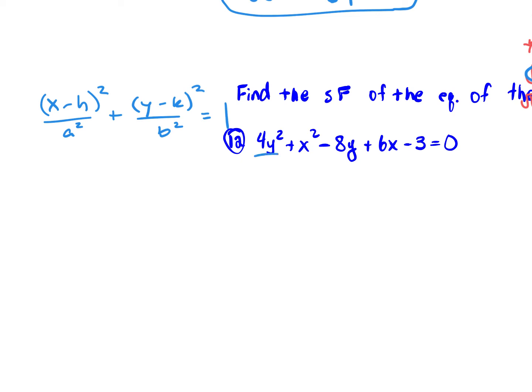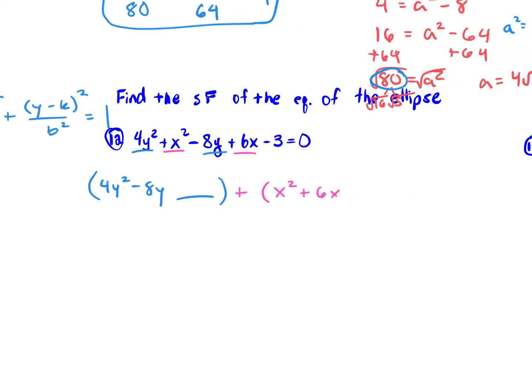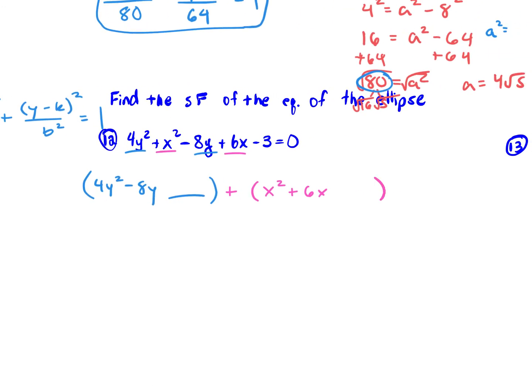So we want to put our y's together: 4y squared minus 8y. We'll leave a space to complete the square. And then we're going to put our x's together, so plus x squared plus 6x. I don't know why I did y first, but it doesn't really matter. You'll end up with the same thing. And then we want to move the 3 to the other side, so I'm going to add 3.